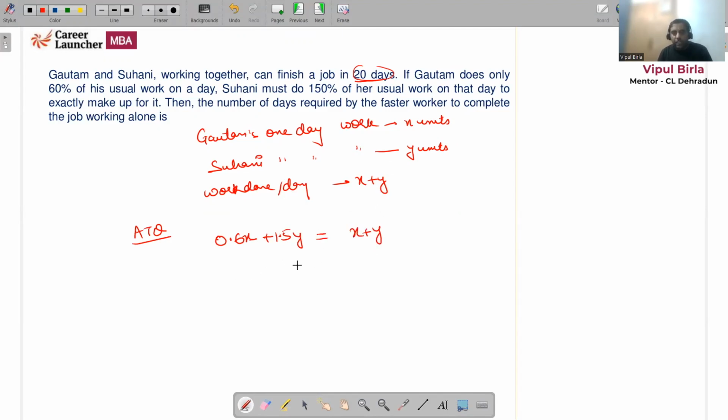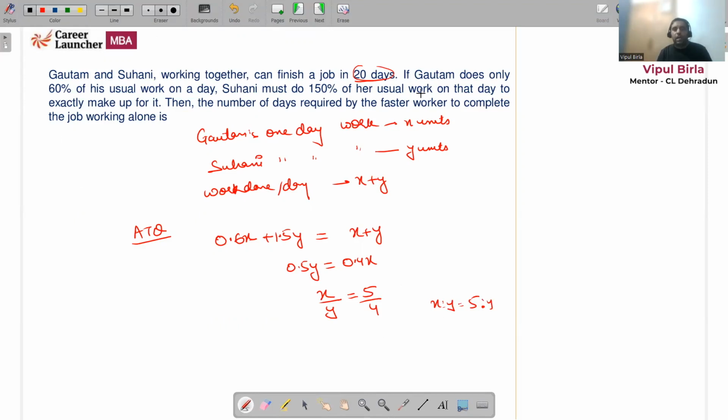So from this I can say 0.5y is equal to 0.4x, or we can say x upon y is equal to 5 upon 4. That means the work done per day by x and y is in the ratio 5:4.